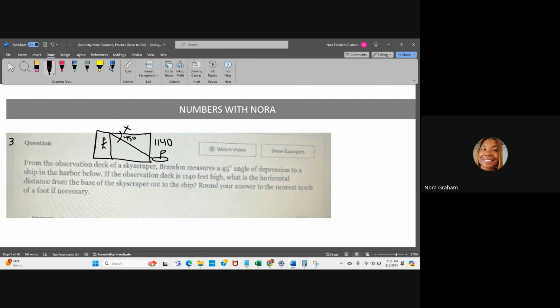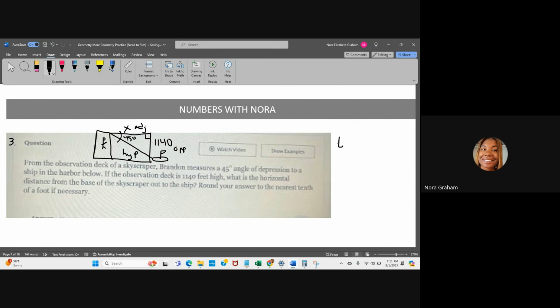Now we can go ahead and see what we're going to use. So this is my 90-degree angle. If I look across, this is going to be my height. Opposite from here, this is going to be the opposite, so it's opposite from my angle of depression. And this will be my adjacent. So again, we're going to use tangent because I'm looking for my adjacent and I have my opposite.